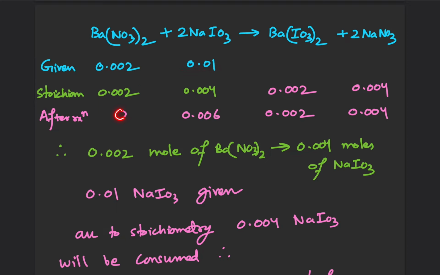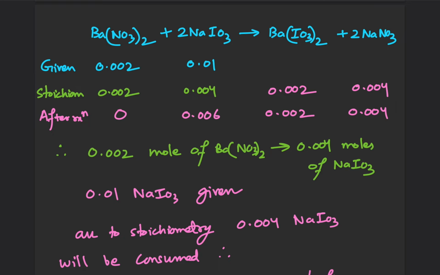After the reaction, we are left with 0 moles of barium nitrate because it is the limiting reagent. We have 0.006 moles of sodium iodate left, we have 0.002 moles of barium iodate, and we have 0.004 moles of sodium nitrate.